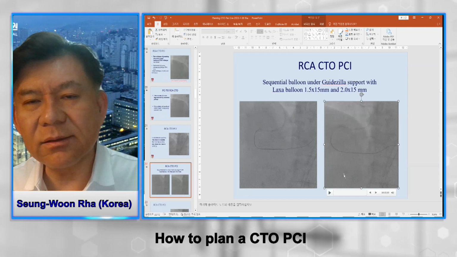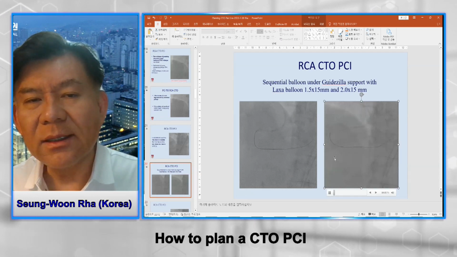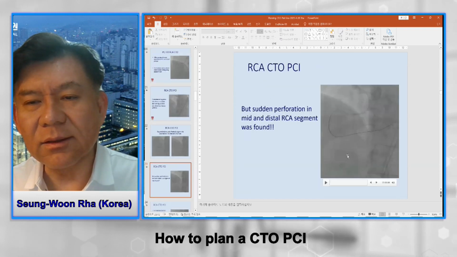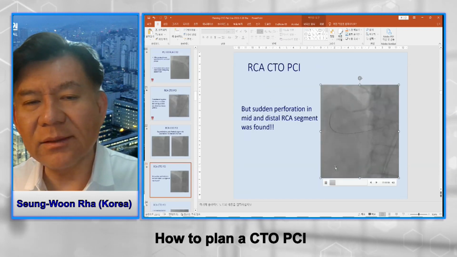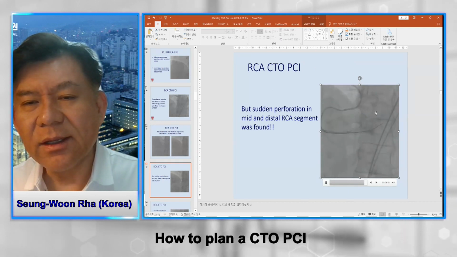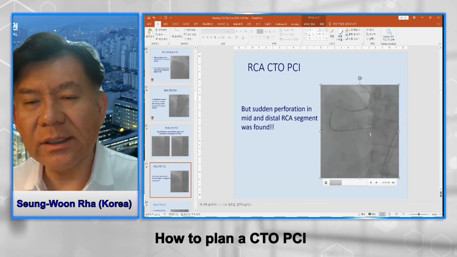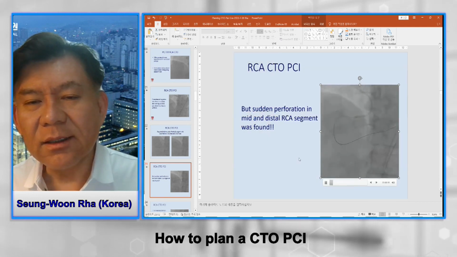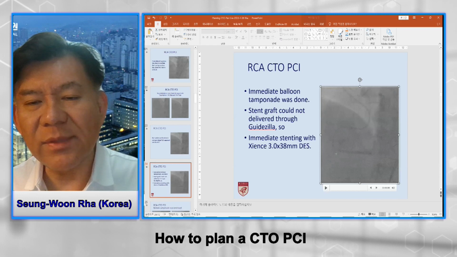He made some more attempts, and finally made a perforation. A sudden perforation developed like this. So this kind of subintimal tracking is not always safe. Sometimes good, sometimes not. We cannot expect this to be safe.